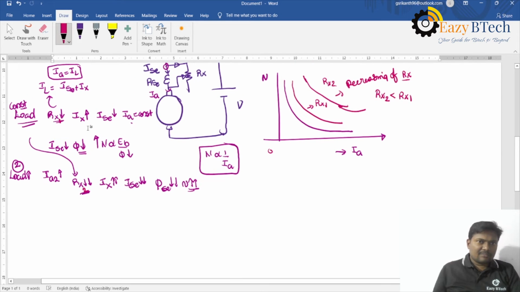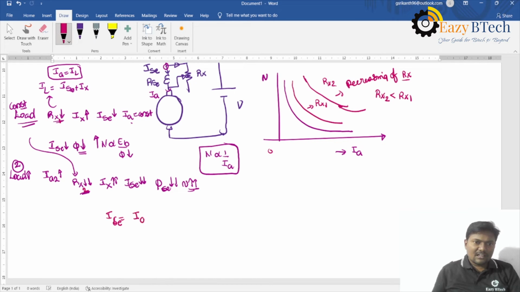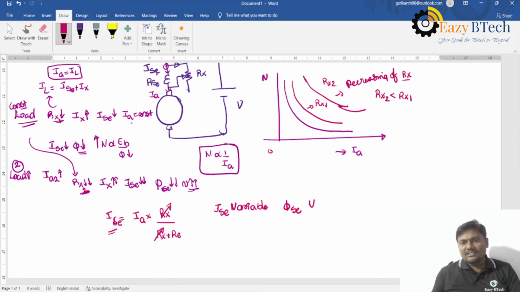Simply, if you apply the current division rule, the current flowing through the series field winding is equal to the armature current into the opposite resistance Rx divided by Rx plus Rsc. If Rx is variable, the current flowing through the series field winding is also variable, the flux produced is also variable, and the speed is also varying.